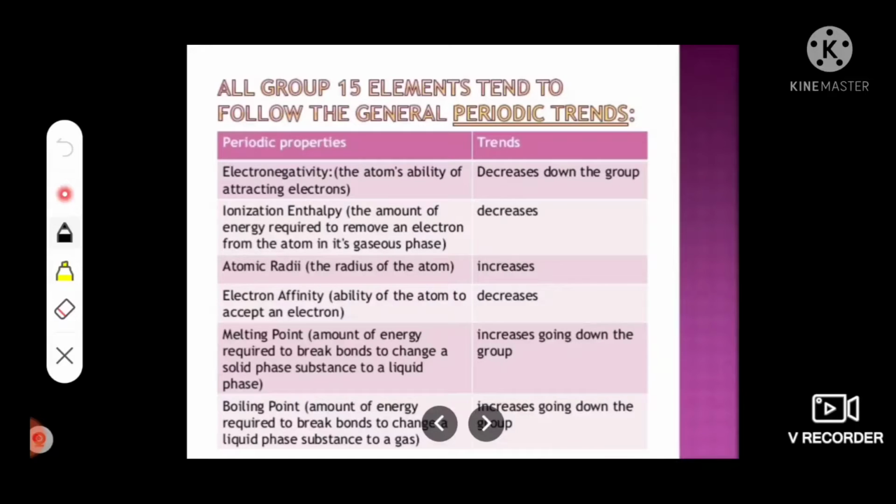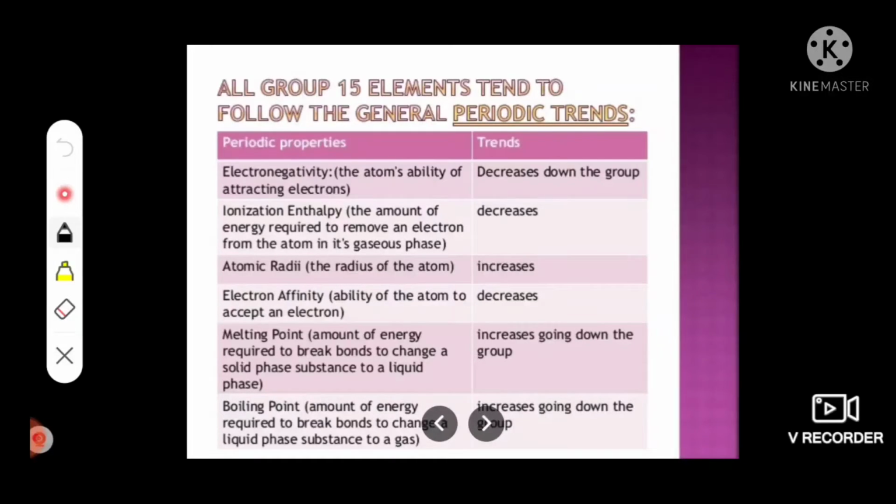The general trends in the physical properties of these elements begin with atomic radius. We know that the atomic radius of elements decreases along a period. Therefore, elements of the nitrogen family have smaller atomic radii than the corresponding elements of the carbon family.